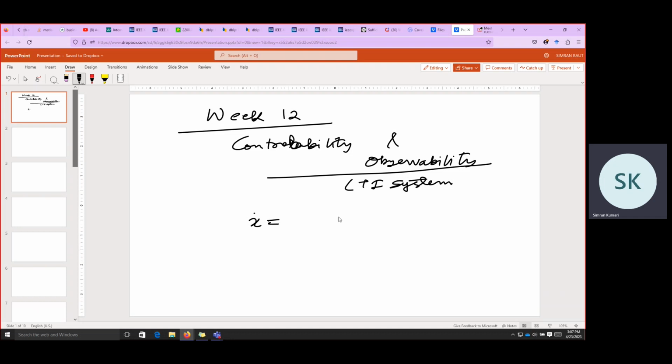So we have this form for a state space representation: x dot equals Ax plus Bu and y equals Cx plus Du. So here x is the state vector.